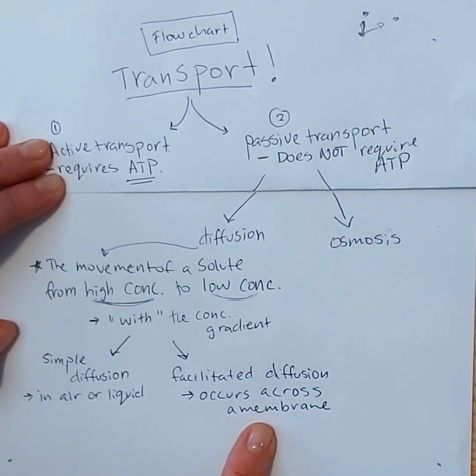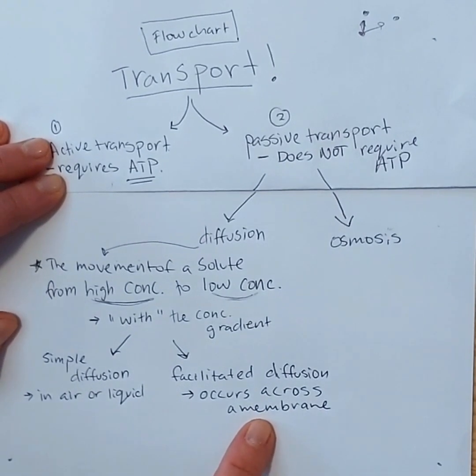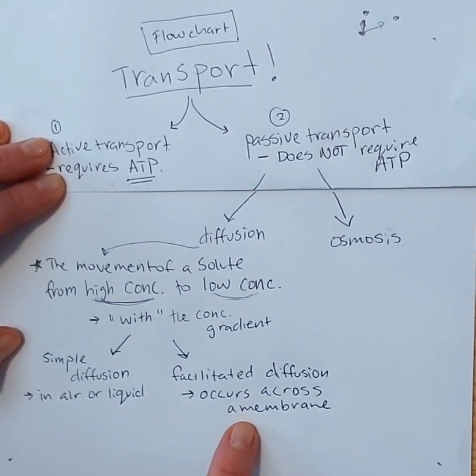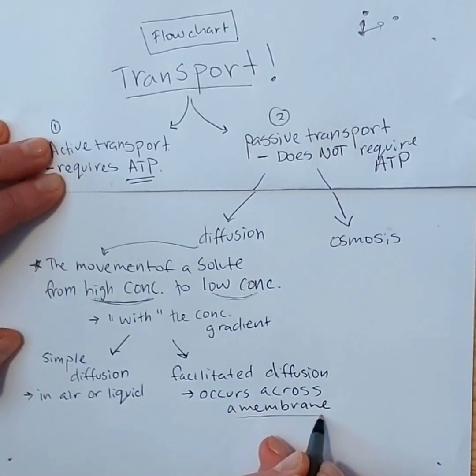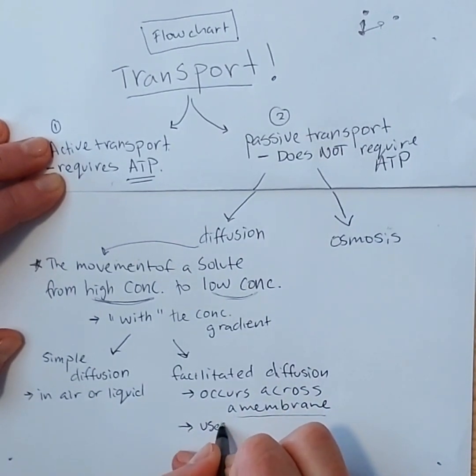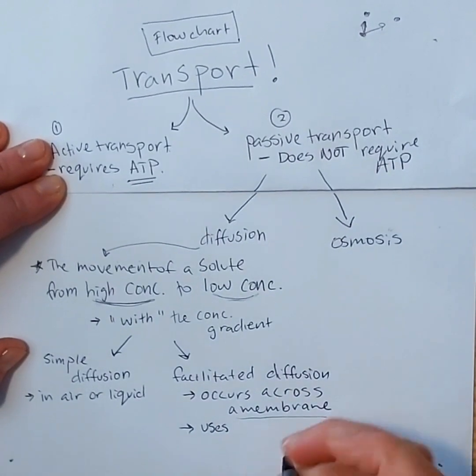But anything that's got a charge, any ions, or anything that's polar, or anything that's bigger like a sugar, is way too big to go across the membrane on its own, and so it's going to use a protein.